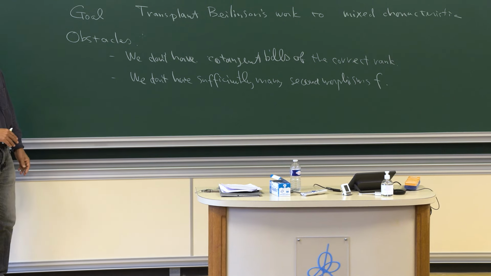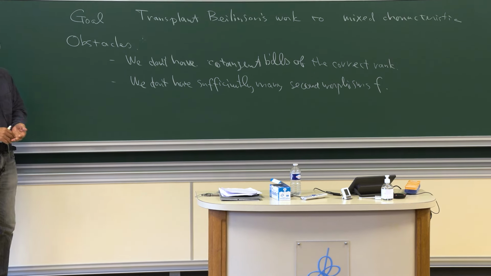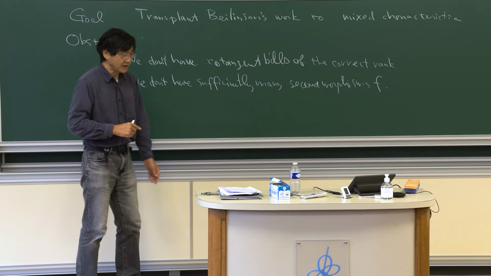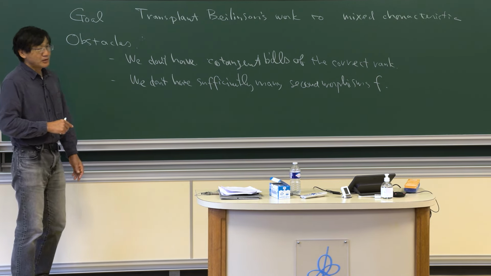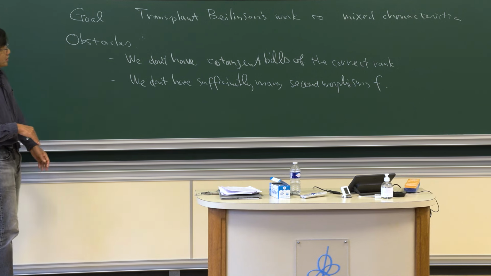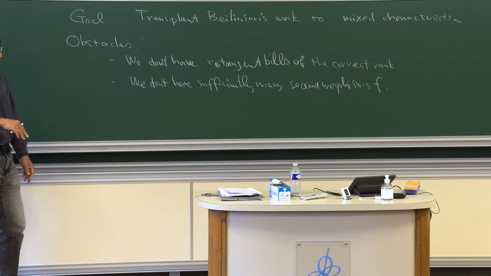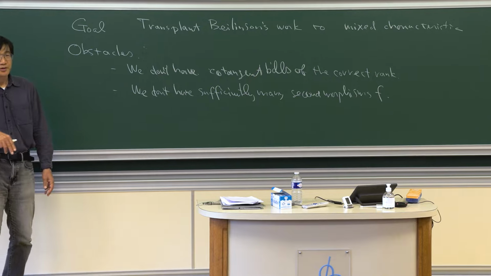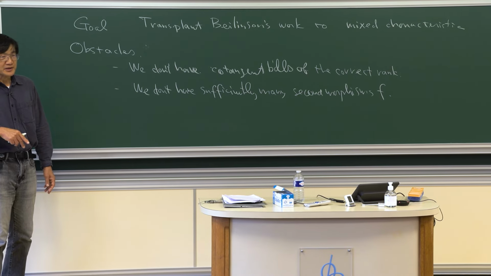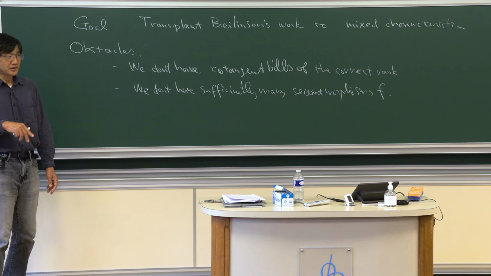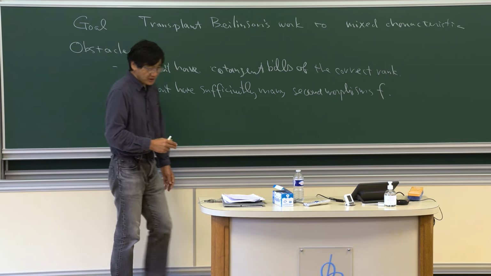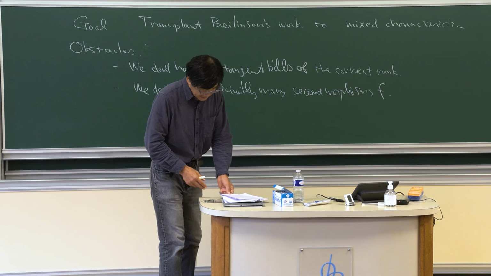But in the mixed characteristic case, if you take, for example, A1 over Z_p and want a morphism to a one-dimensional object, it will be just Spec of Z_p, and there's only one morphism. So we don't have enough f. So there are such obstacles.